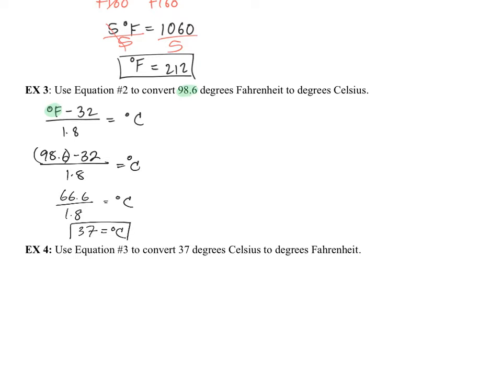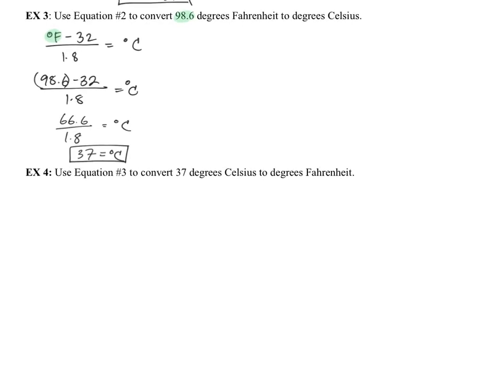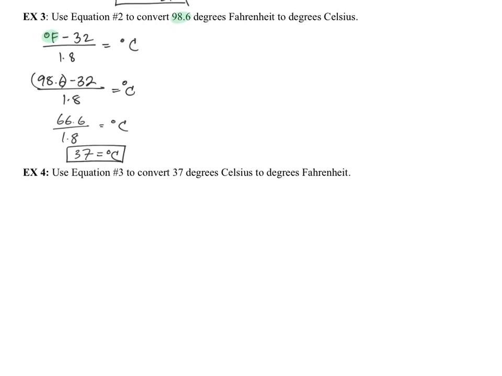So normally the human body is about, I think that's 98.6, I might be wrong. Okay, so that would be it in Celsius. Now let's convert this the other way: 37 degrees Celsius to Fahrenheit. If we do this correctly, we should end up getting 98.6 because we're just going right back.